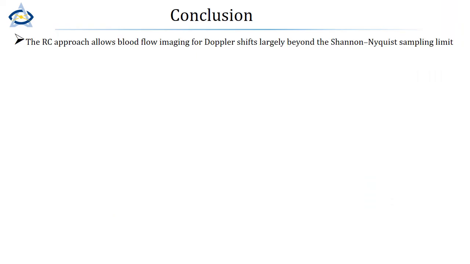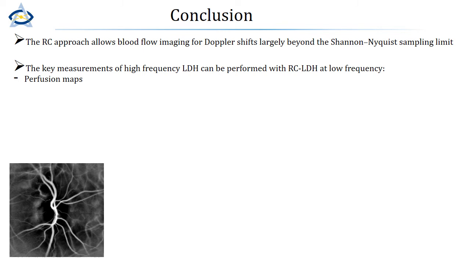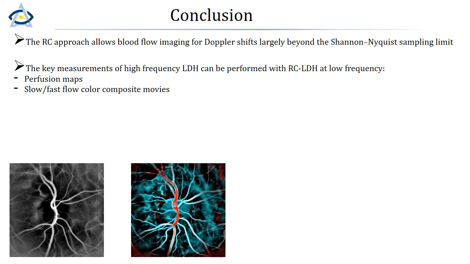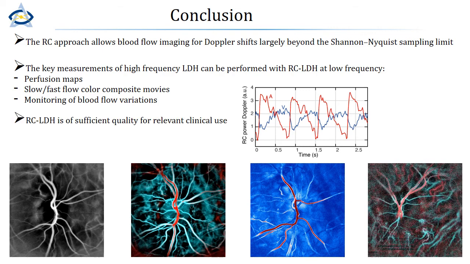So in conclusion, this reverse contrast approach allows blood flow imaging of Doppler frequency shifts that are largely beyond the Shannon-Nyquist sampling limit. The key measurements of high-frequency Doppler holography can be retrieved with reverse contrast, low-frequency Doppler holographic measurements, so these perfusion maps, slow and fast flow color composite movies, and the monitoring of blood flow variations.